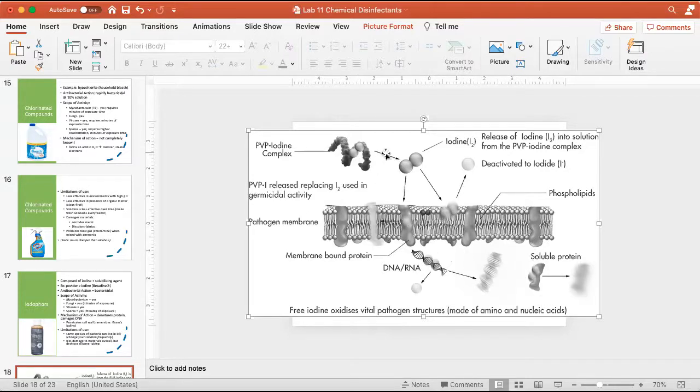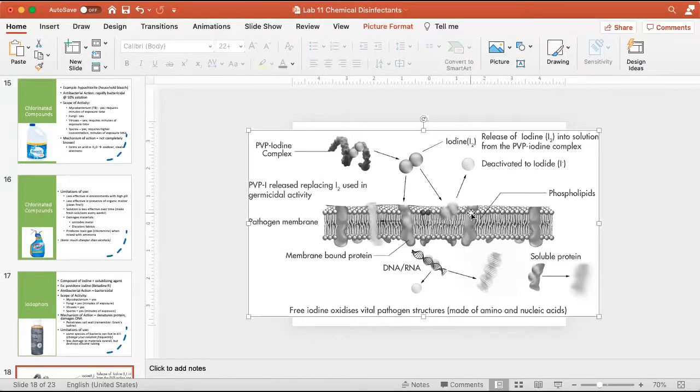So up here on the outside of the cell, this molecule is the povidone iodine. And what'll happen when you use this against bacteria is the iodine itself is what's going to be able to penetrate through the cell wall and even penetrate through the membrane.